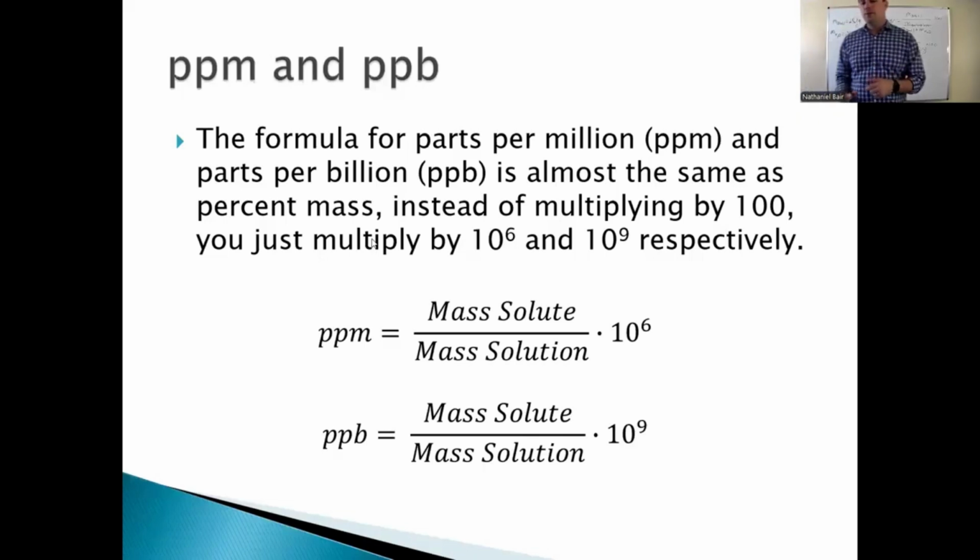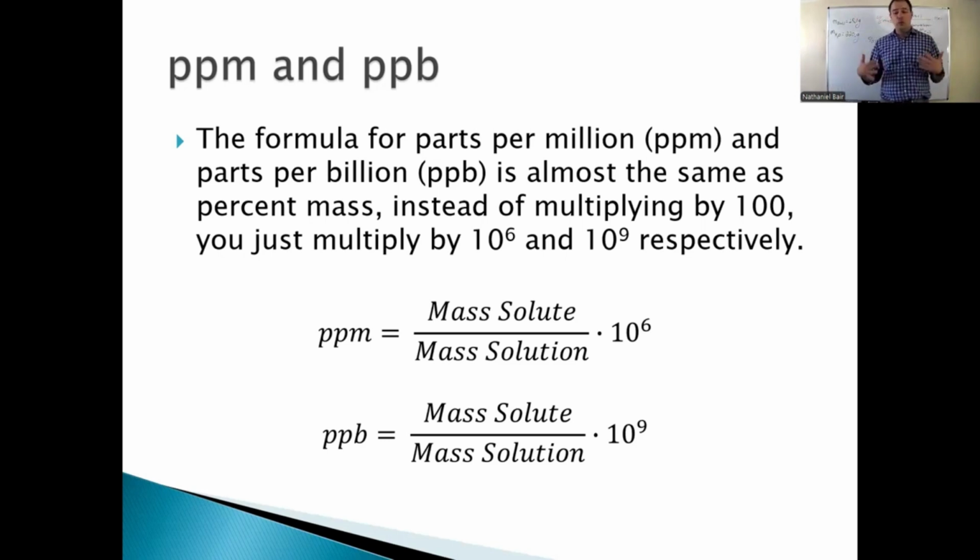Parts per million and parts per billion. These are just a special type of percent mass. So when you have very little solute in your solution, it'd be like 0.0005%, right? Then instead of a percent mass, where you only multiply by 100, maybe you want to do parts per million, where you just multiply by a million.